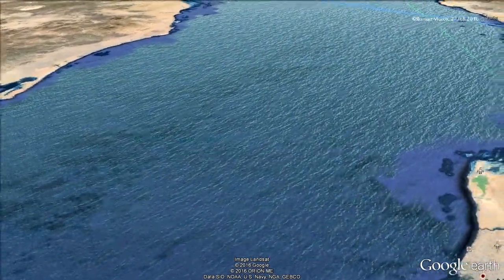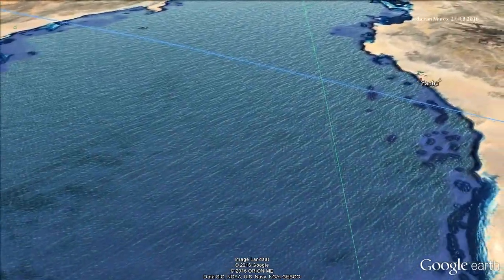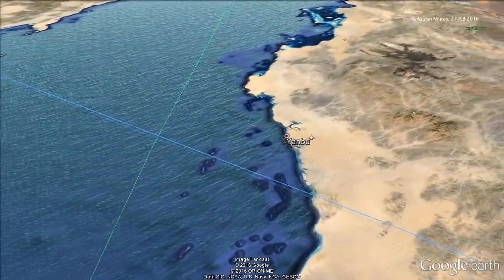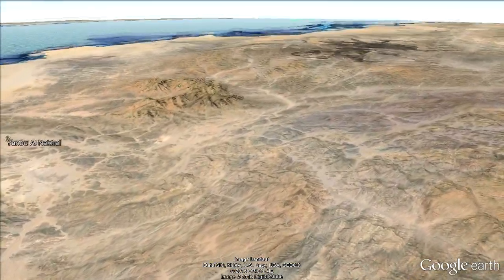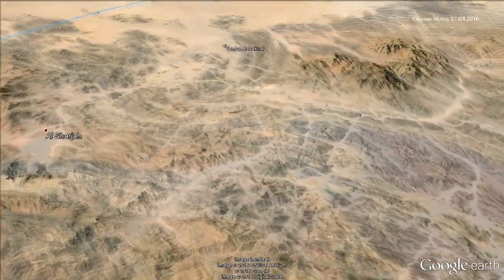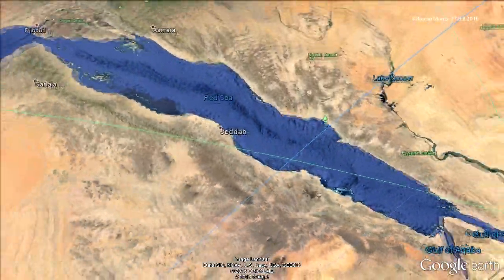For example, this structure. Okay, so it's in the middle. It's 10,000 kilometers from one side, from Nazca, and 10,000 kilometers from Angkor. Also, it's symmetrical this way.